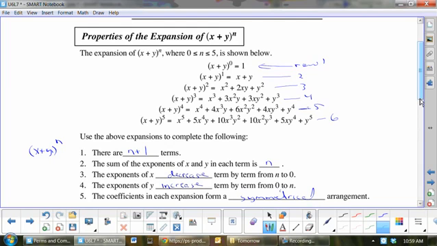X plus y to the 5 would be in which row? 6th row. Do you see? That's another thing to know. The row has how many terms? Row 4 has how many terms? 4. See, do you get that?